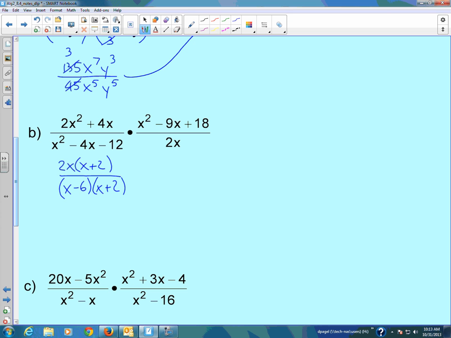And then in the second rational expression, I'll have an x minus 6 and an x minus 3, all over a 2x. Okay, I can go ahead and start canceling. X minus 6's, x plus 2's, 2x, 2x, leaving me with just x minus 3 for that one.